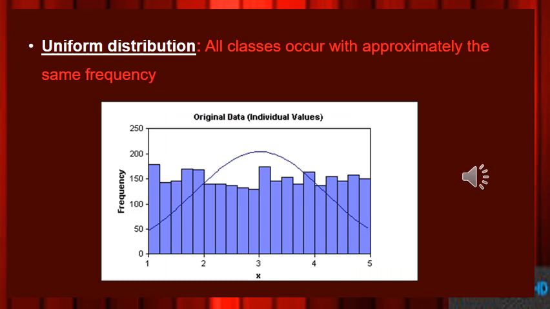This other histogram shows a distribution that we call a uniform distribution. It means that all classes have more or less the same number of subjects. You don't see a trend here. So this is called a uniform distribution.